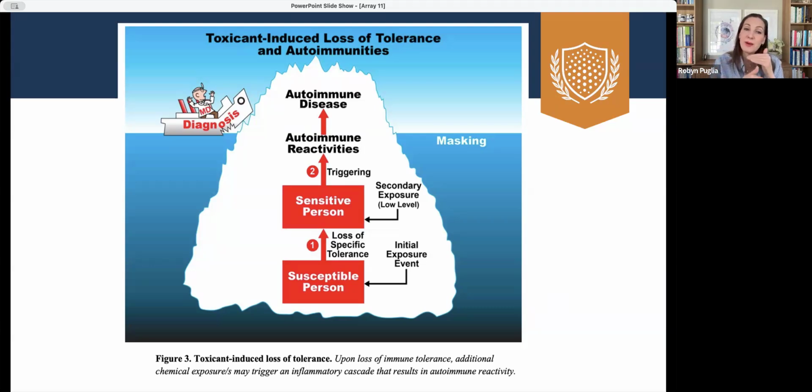But understanding that when we have this loss of chemical tolerance, this can drive loss of oral tolerance to foods, loss of self-tolerance to our own tissue. And so when we're working with complex chronic illness or autoimmune disease, understanding when we have loss of tolerance in one area helps us understand that we need to be investigating those other areas as well to see what dominoes have fallen as a result of loss of tolerance here.